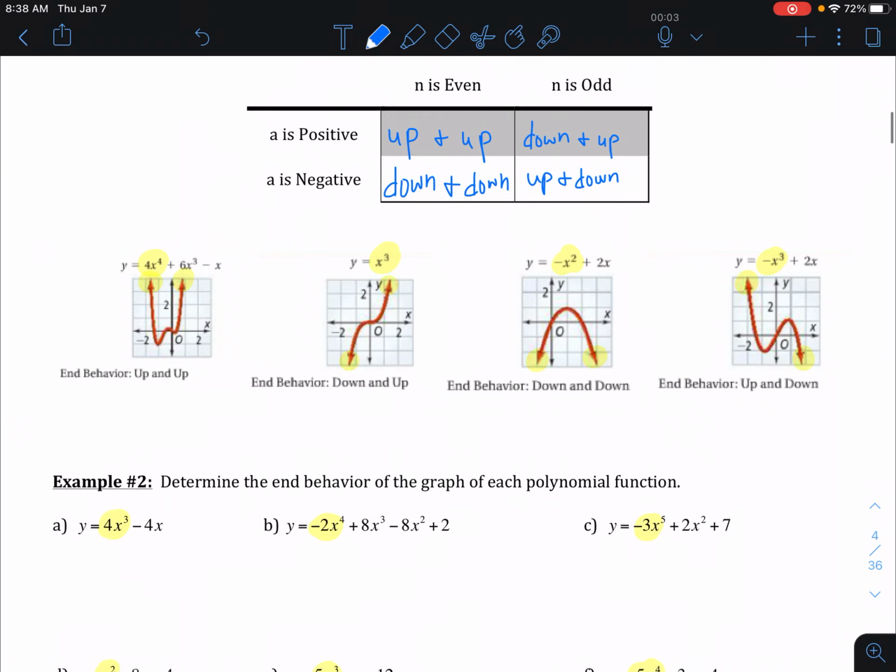So positive and odd, that would be this guy here, down and up. So we're going to literally write down and up. If we were to graph it, the end behavior would look something like that, down and up.